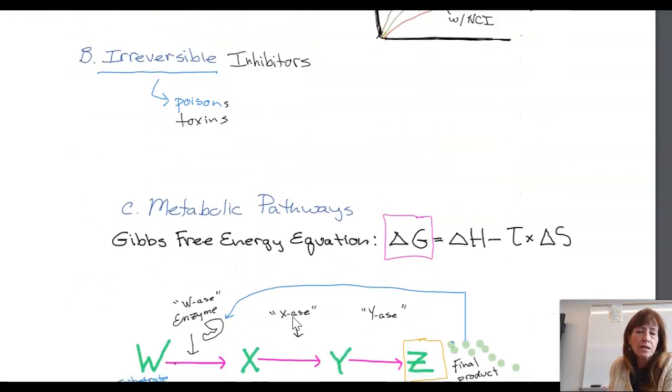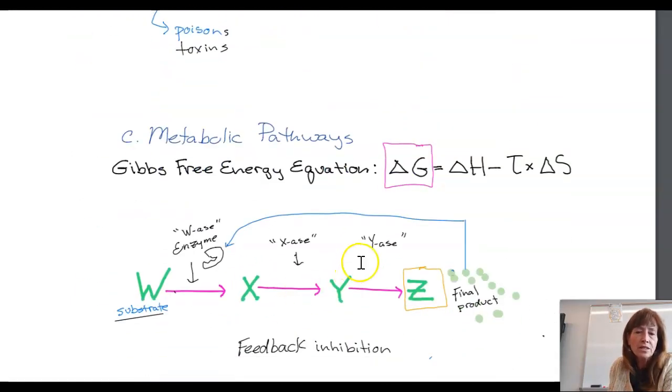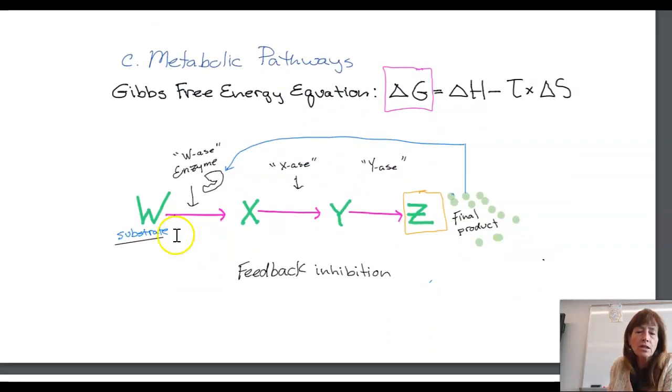All right. Finally, we get to the last piece, and this is the metabolic pathways that we said. Well, in most cases in the body, metabolism is usually a multi-step process. And so I'll show you the relationship between the Gibbs free energy equation and some of these steps in this process. So here's the example.